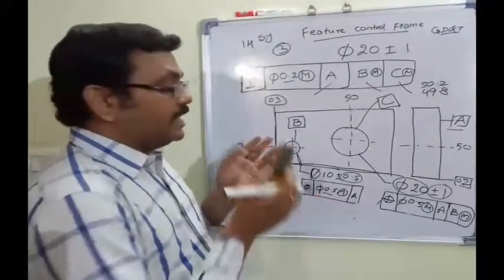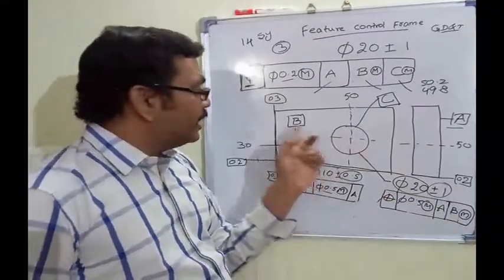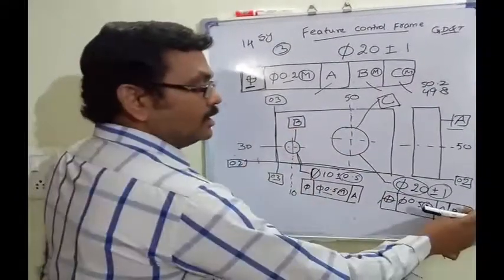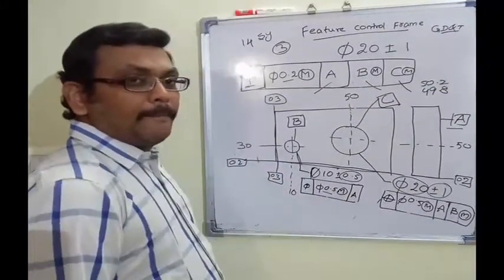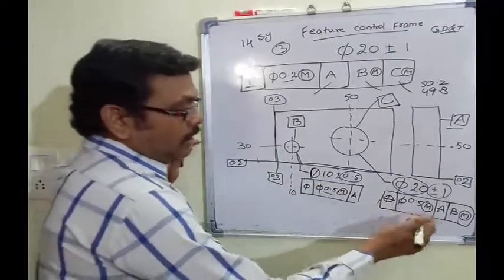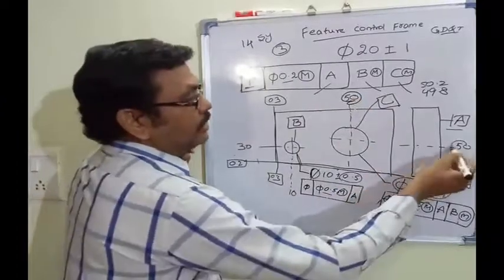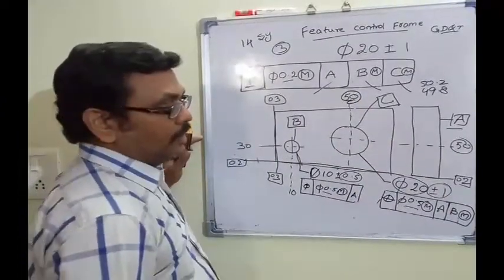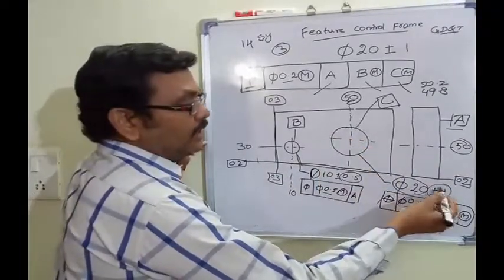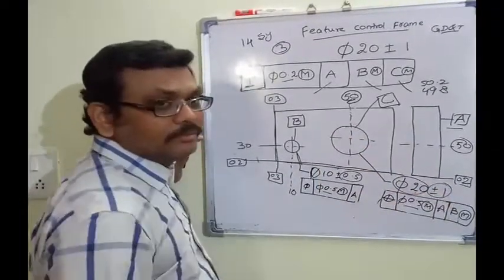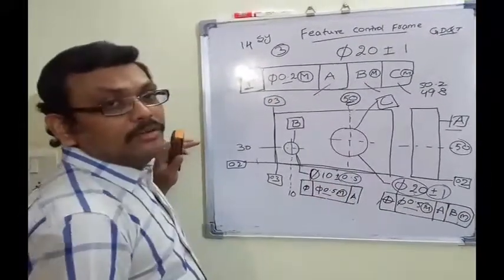Whenever a datum is taken on the feature of size, this modifier is applicable. If the datum is taken on the surface, this modifier is not applicable. We are going to give all the datums, right? And this 0.5 is the tolerance for this position and this position. And this 20, as we know, is the size value and it is the size tolerance. So this is about the feature control frame.